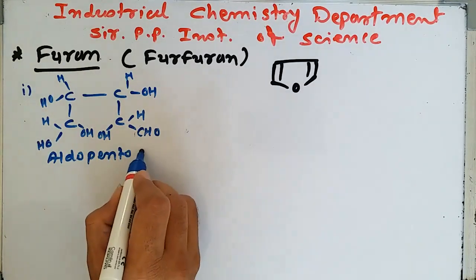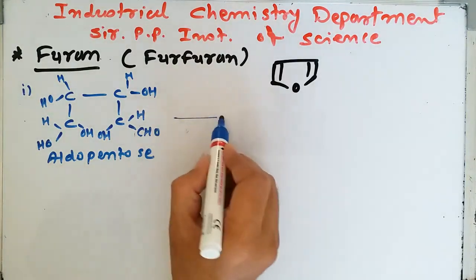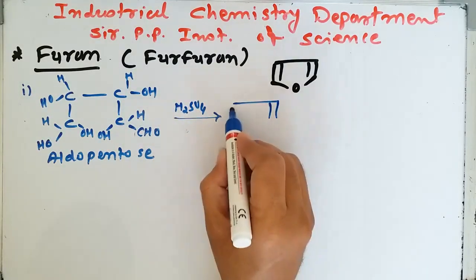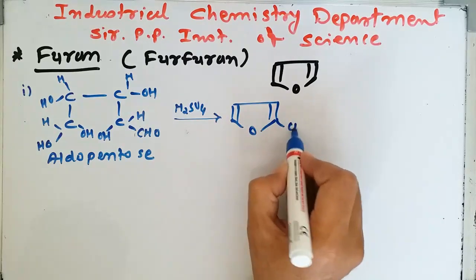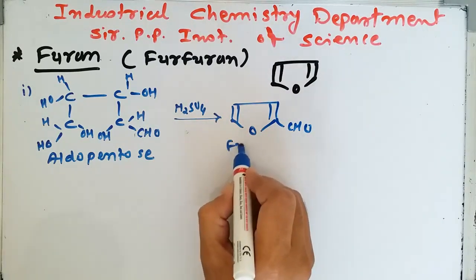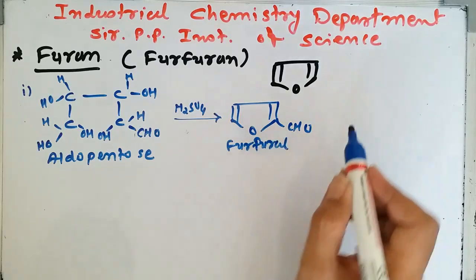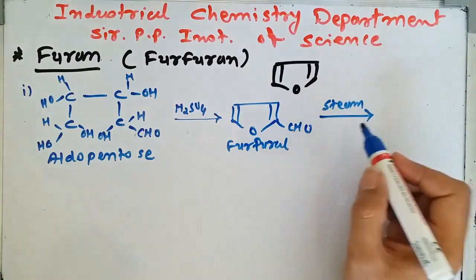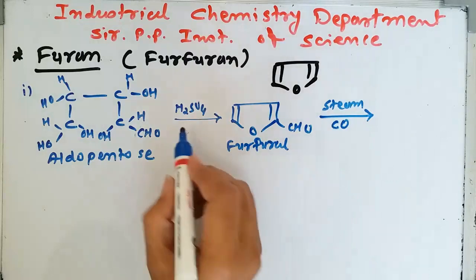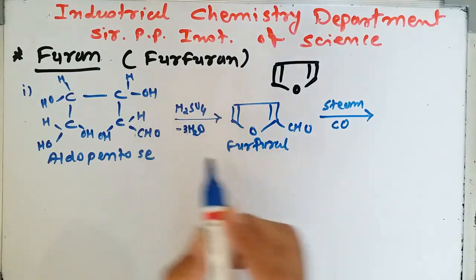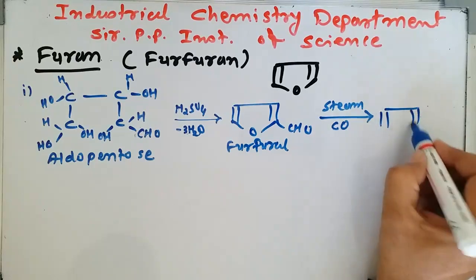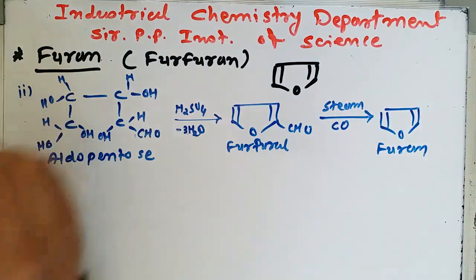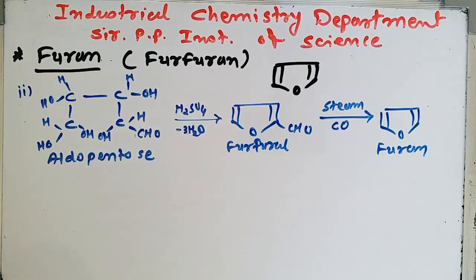Aldopentose, with the help of sulfuric acid, is converted into furfural. This is furfural, and furfural is converted into furan. This is the second preparation of furan.